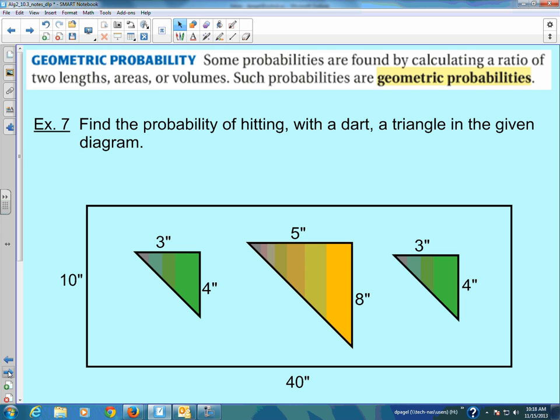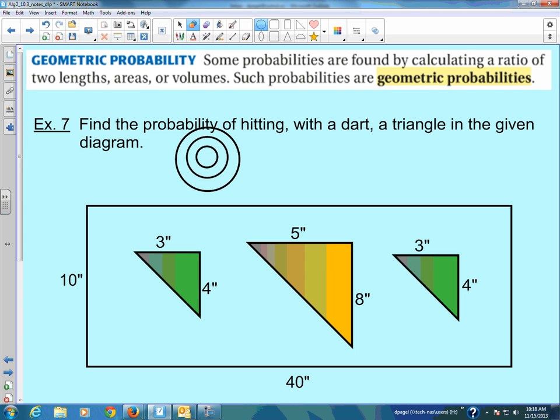Well, that's a geometric probability, and how it would be calculated would be I have my circles. So here's the outer circle of the target, and then there's the next one, and then there's the next one, let's say. And we want to know what's the probability that I'm going to land in the bullseye.